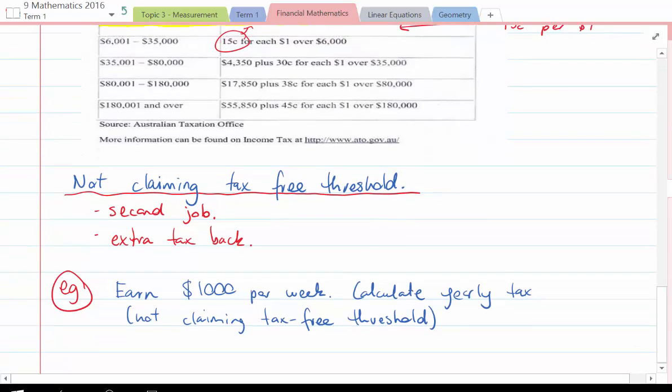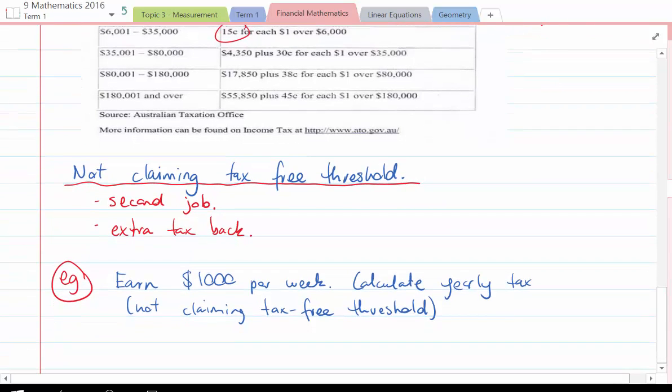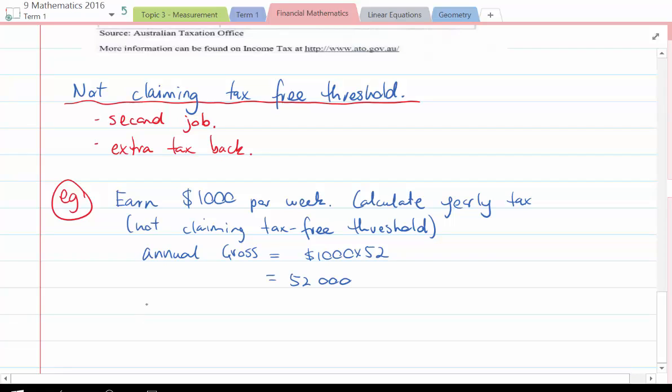So earning $1,000 per week, our friend's annual gross pay is going to be 1,000 multiplied by 52. So he's paid $52,000. So he's going to fall into this category, 35,000 to 80,000. And to calculate that tax, we're going to use the information in that section plus adding on the amount for the first section.